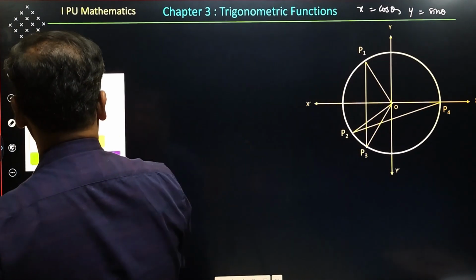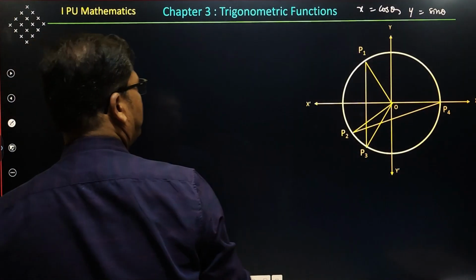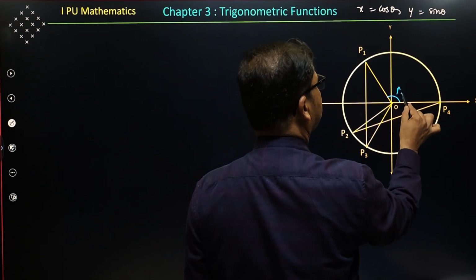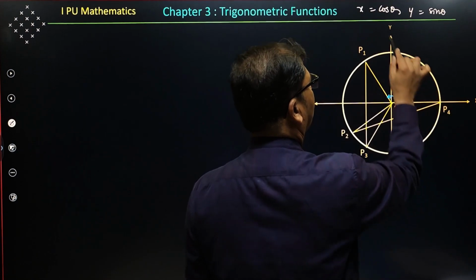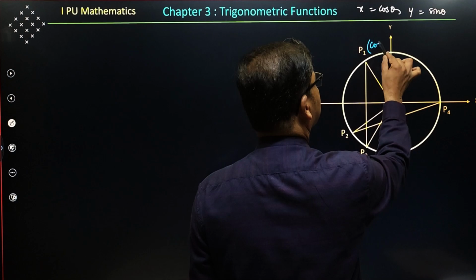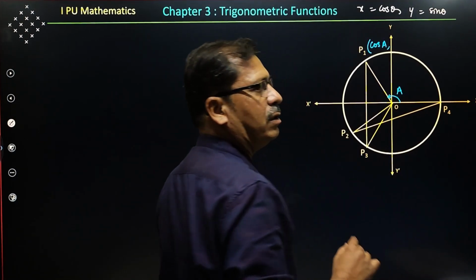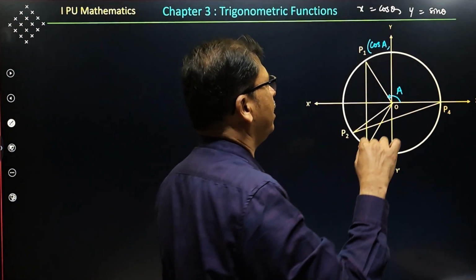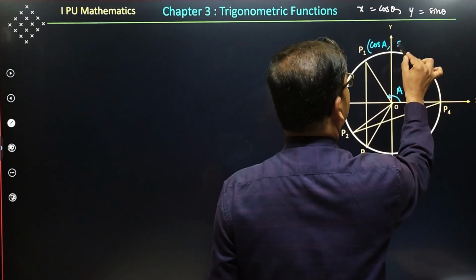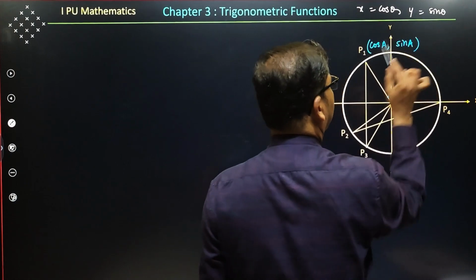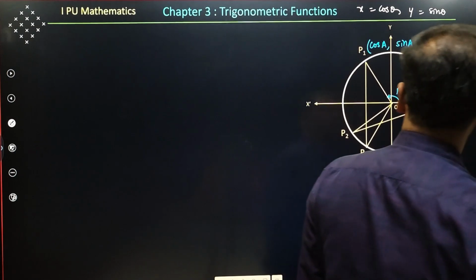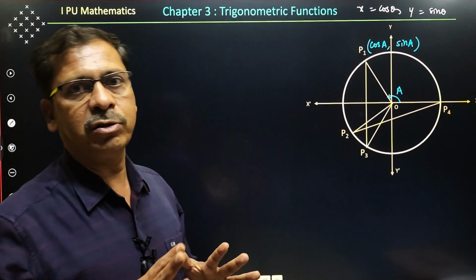See, P1 corresponds to, this is basically angle A, the central angle is A. The x coordinate means cos theta, that's why it is cos A, and the y coordinate is sin A. The coordinates of P1 are given by cos A comma sin A.